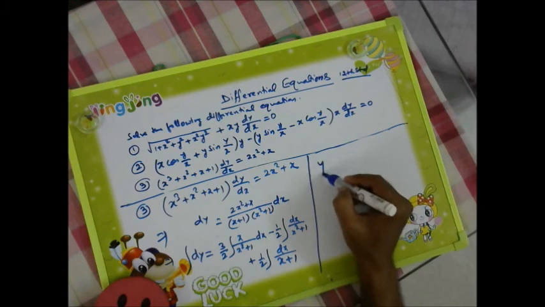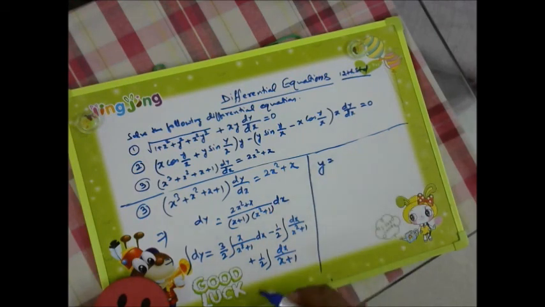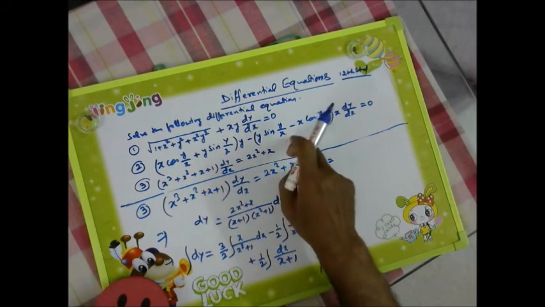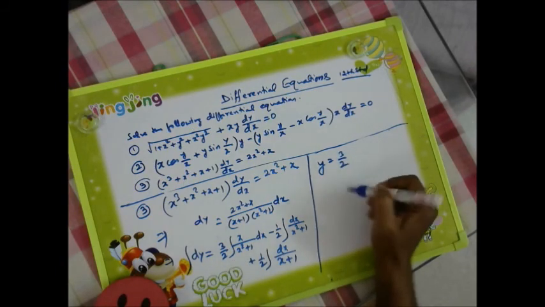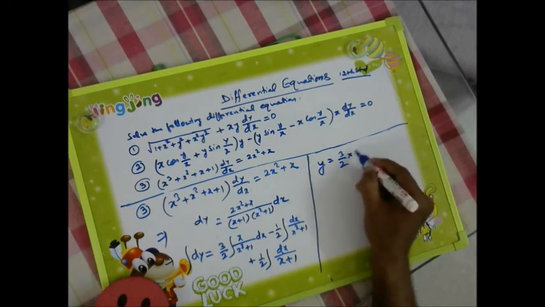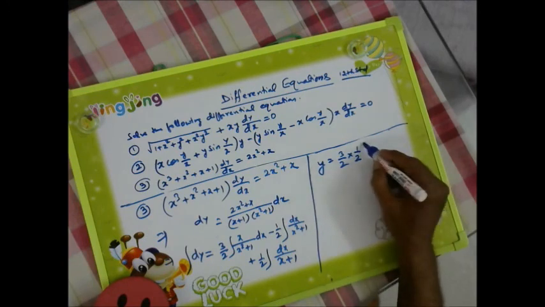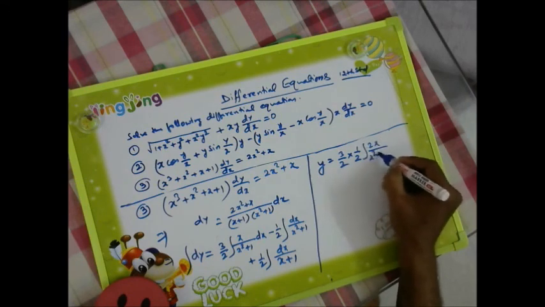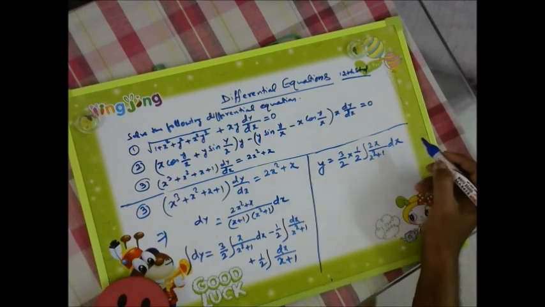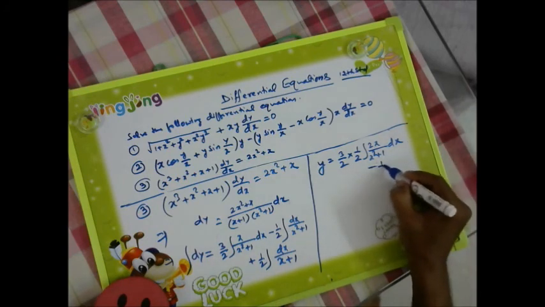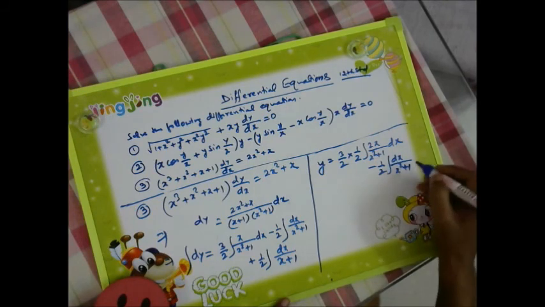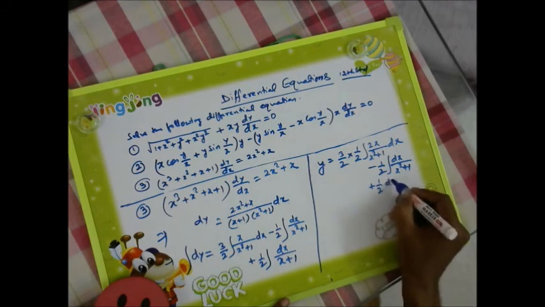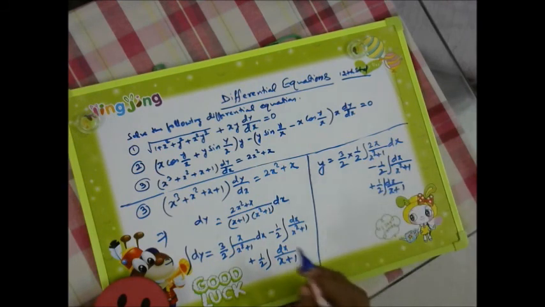Integration of dy is y is equal to, now here the substitution method, as we have already utilized in the second question. So that same substitution method we will be utilizing here. So we can make it as 3 by 2 into 1 by 2, 2x by x square plus 1 dx, minus half dx by x square plus 1 and plus 1 by 2 dx by x plus 1.